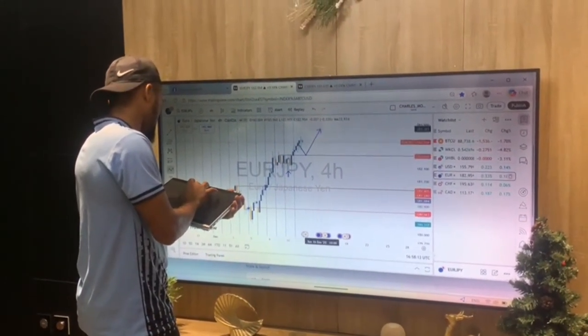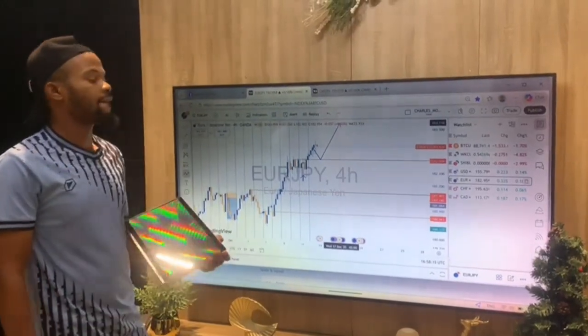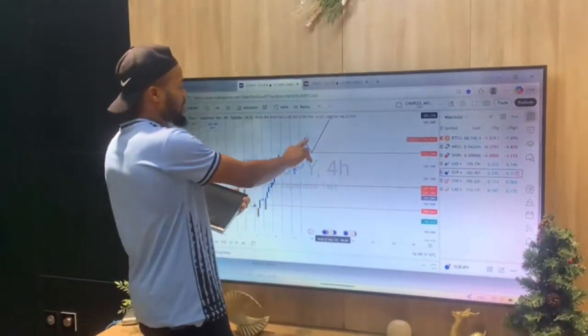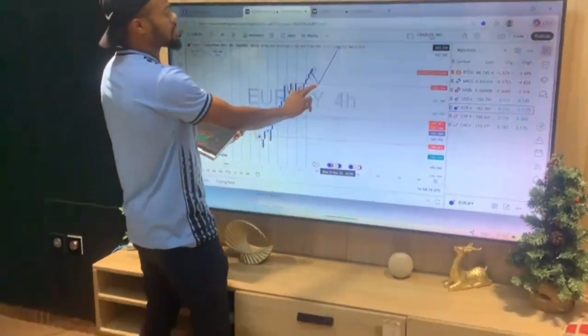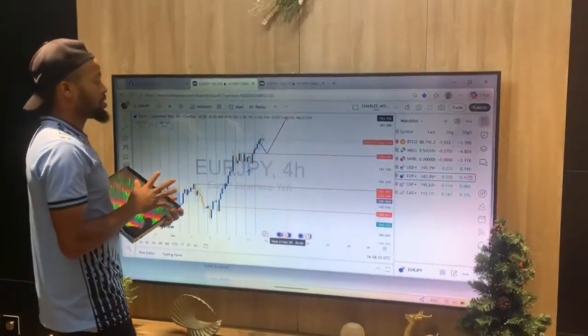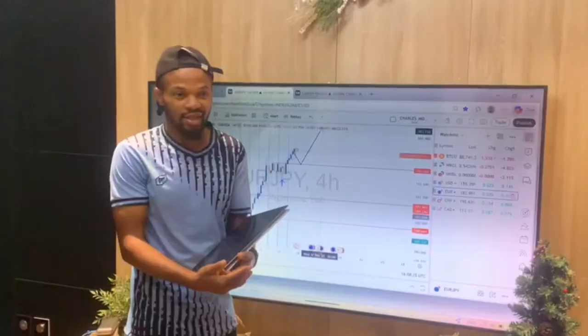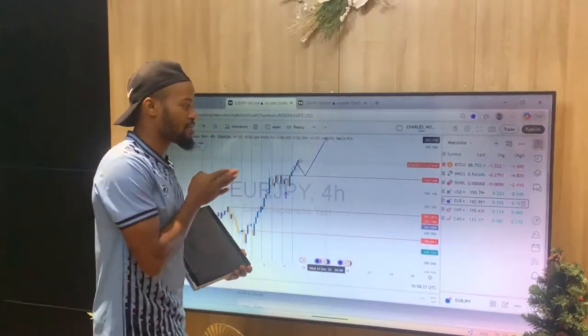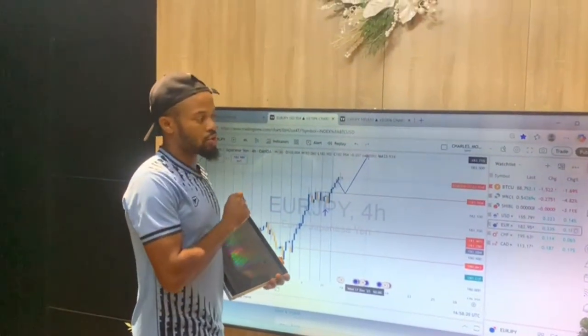Something like this. I want the market to come back and retest this before going to the upside for Euro JPY. So I think that will be all for today. Let's just wait and see what this result is going to give us.